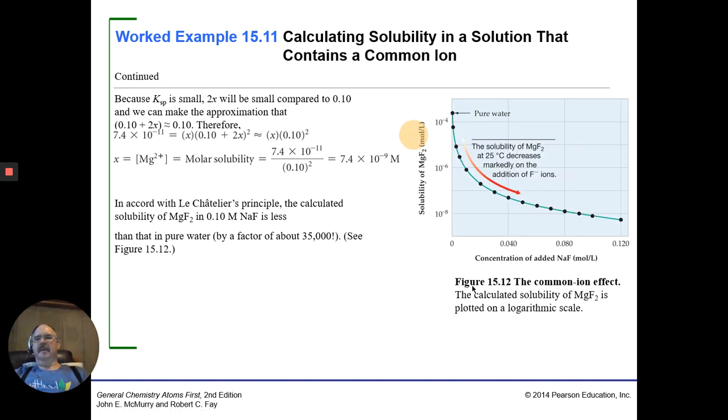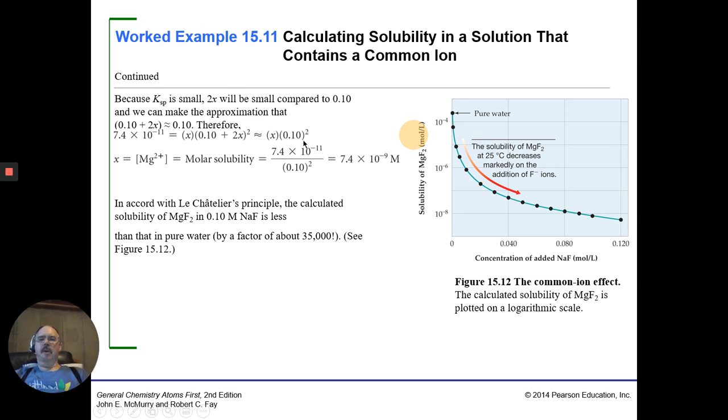But it turns out that we can approximate. We can assume that 2x is much smaller than 0.1. If we compare 0.1, which is 10⁻¹, with 10⁻¹¹, this is going to be much larger, and the 2x should be negligible. So this makes our calculation a lot easier.